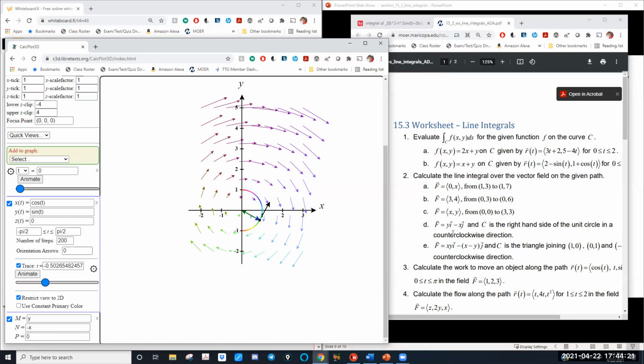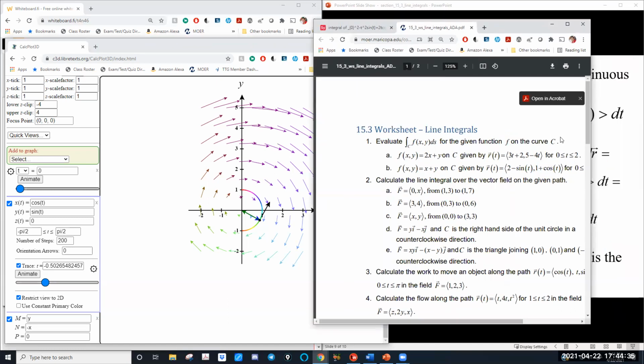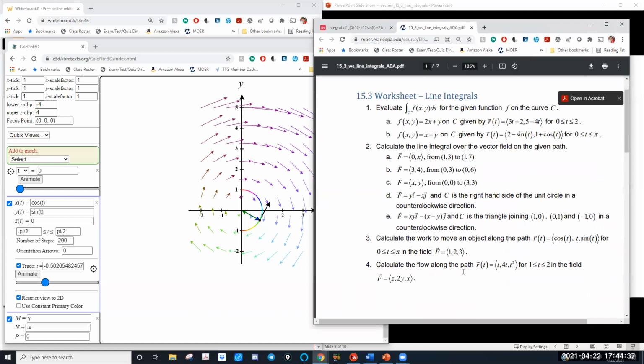Now, I'm going to let you guys try the rest of it based off of the steps that we talked about earlier, but I wanted to go through the parameterization of a circle just to give you a little bit of practice with it. But even if we look at the worksheet, notice for 3 and 4, you're given the parameterization of the path.